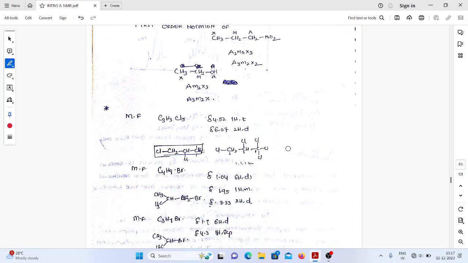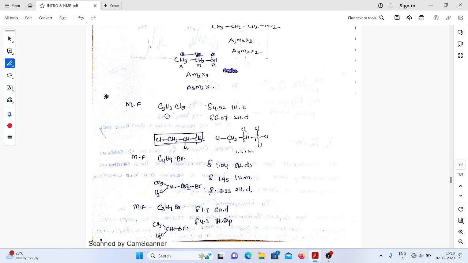Okay, here you have three problems. See this one, it is the molecular formula, and this is the data. One proton triplet, two proton doublet, what will be the combination? One proton means that will become CH, right? Triplet you need.